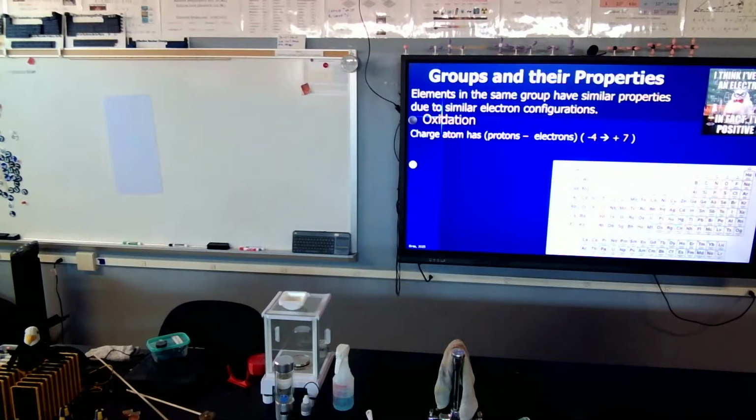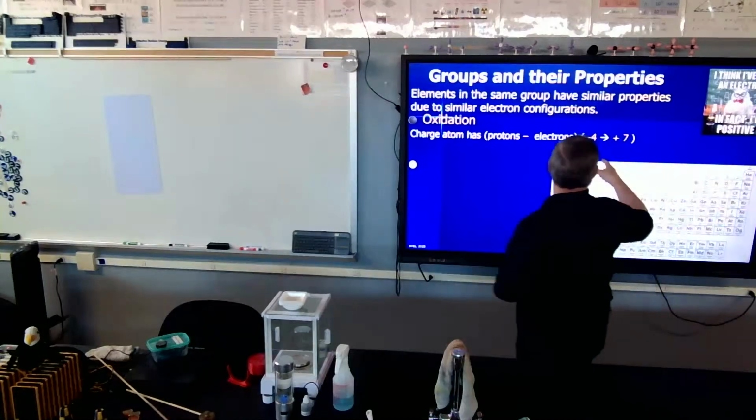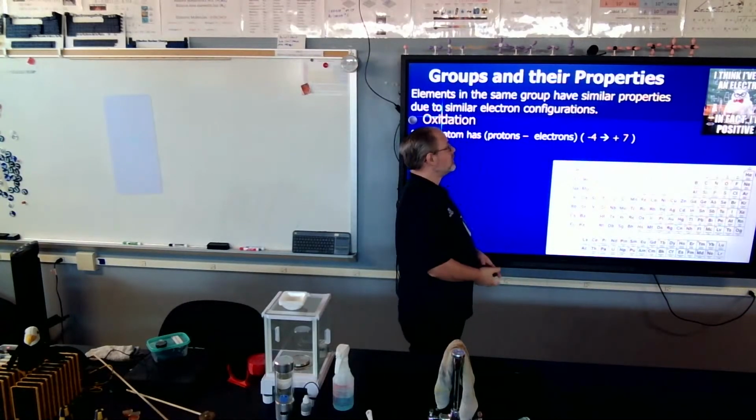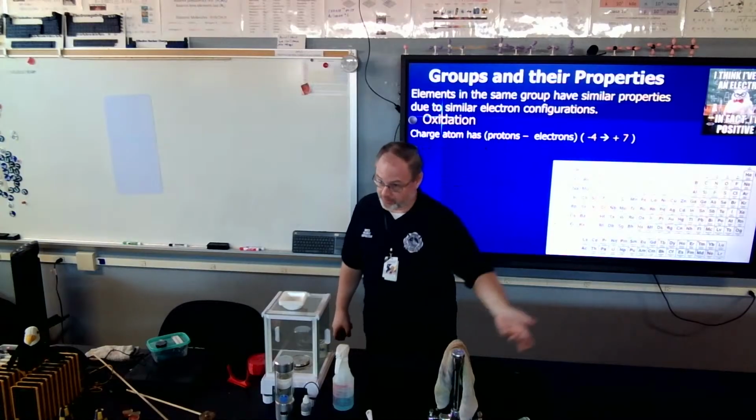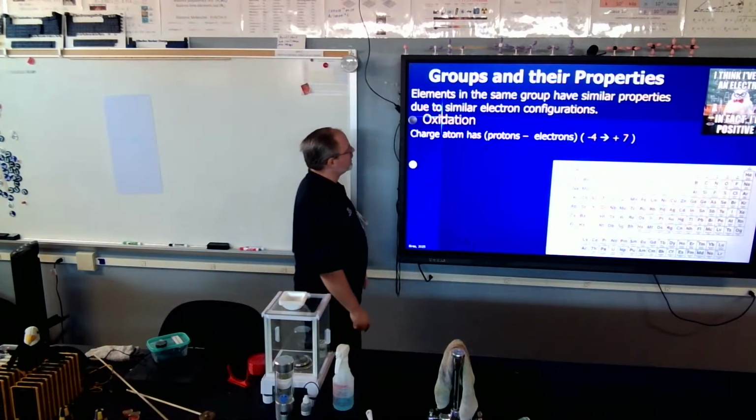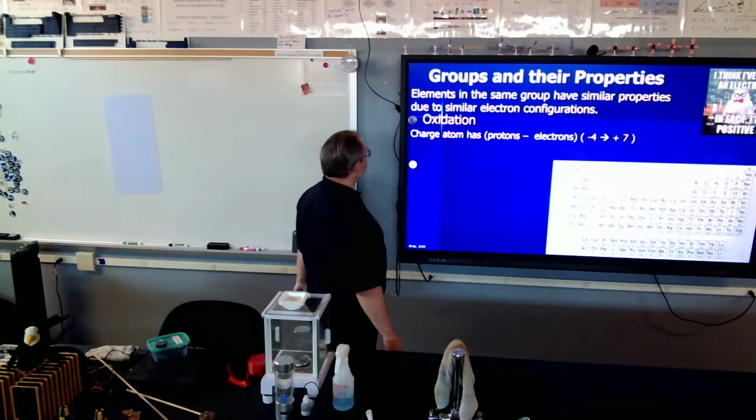If it loses 2, +2. And so it goes. So elements on the periodic table go from -4 by gaining 4 electrons to +7 by losing 7 electrons. That's their charge when something happens.